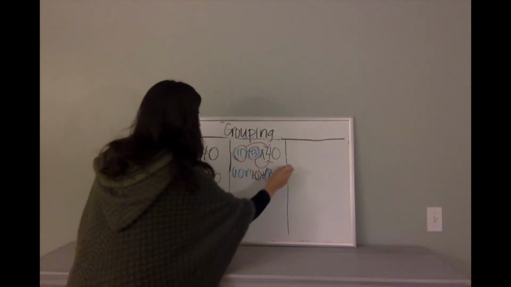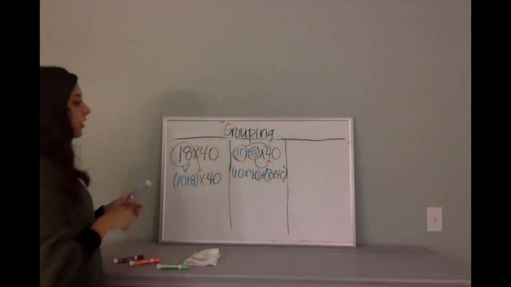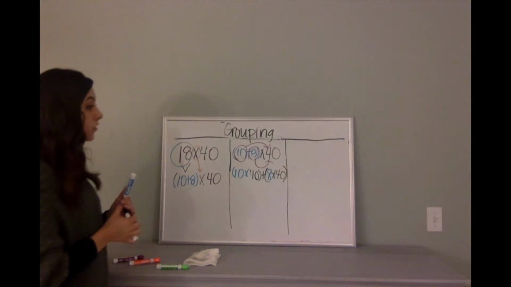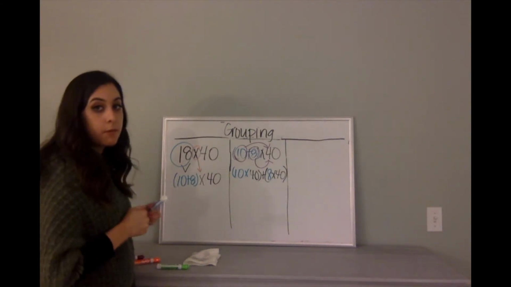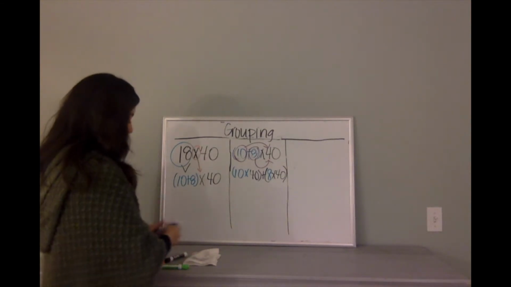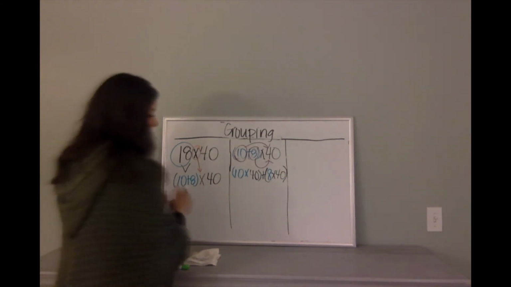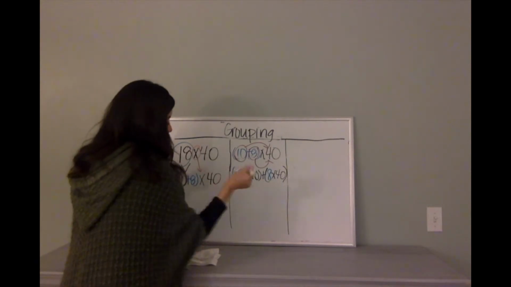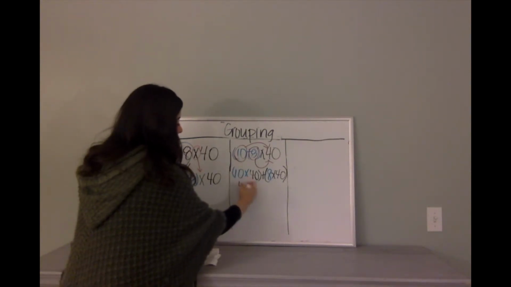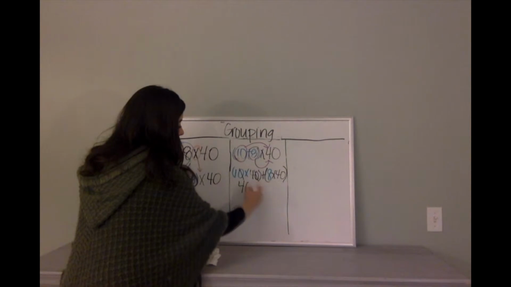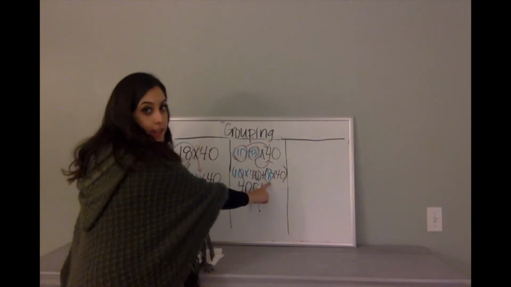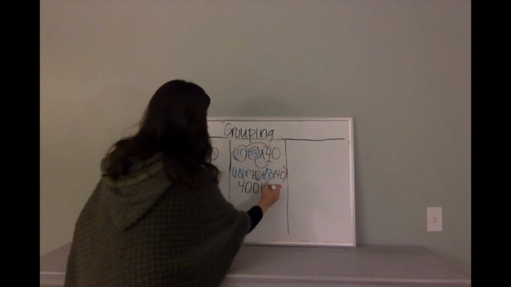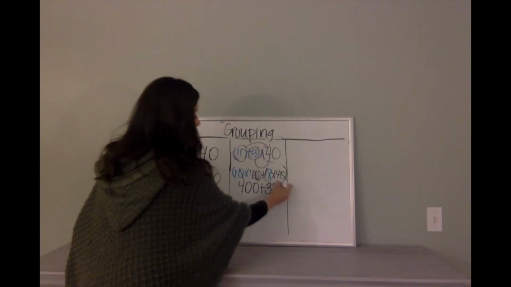Oops, from parentheses. All right. So now we can go ahead and multiply this. If it's hard for you to know what 10 times 40 is, remember, break it apart. So we could do 4 times 1, which equals 4, and then I add the other zeros. Plus 8 times 4, which is 32, and then I add this 0.